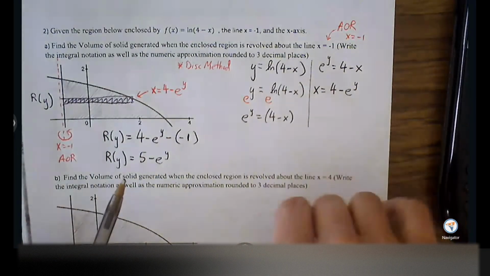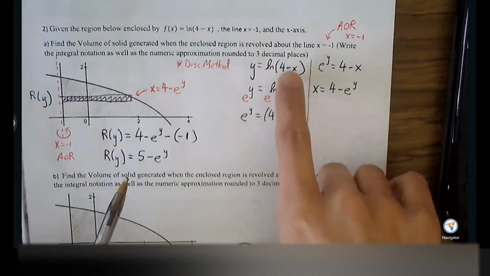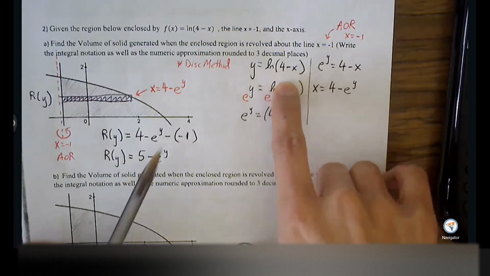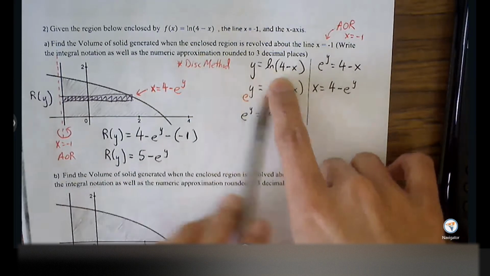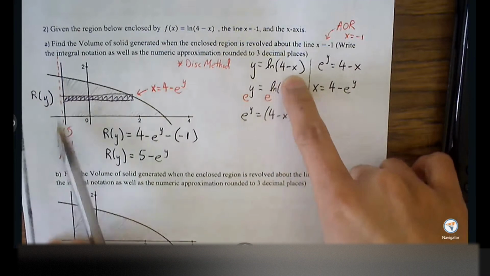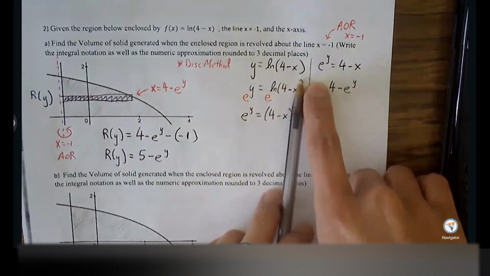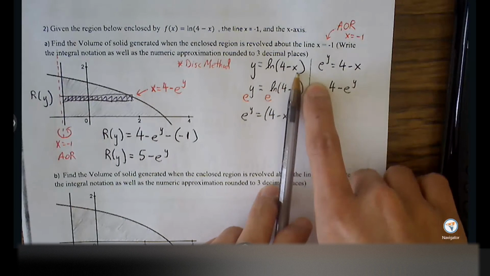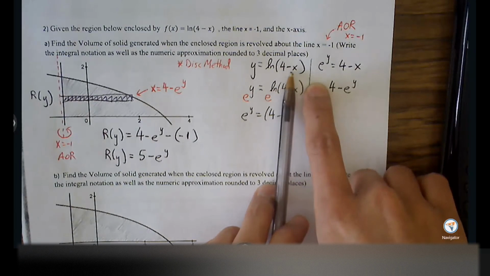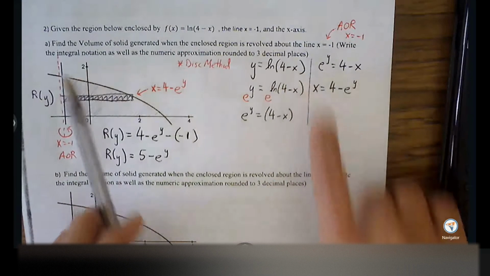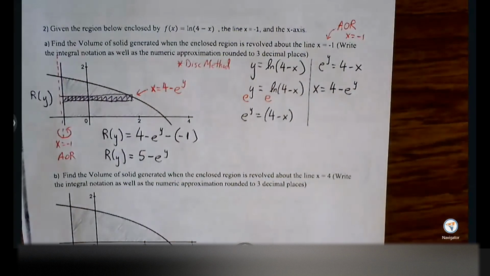Or you can go back to your original equation and just plug -1 into the function here and solve for y. So I plug -1 into the function, I get 4 minus -1, which is 5, so natural log of 5. That's the same thing as natural log of 5, which is 1.6.